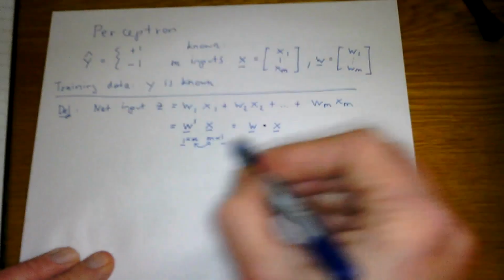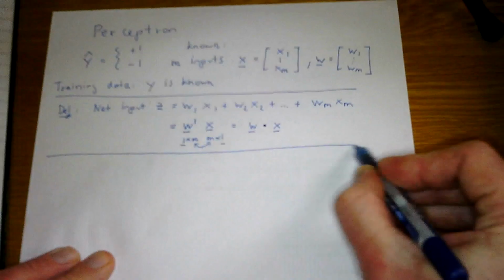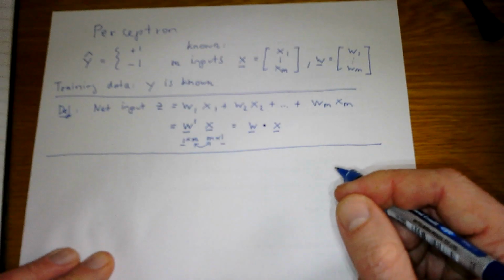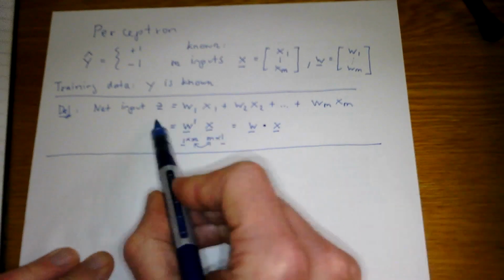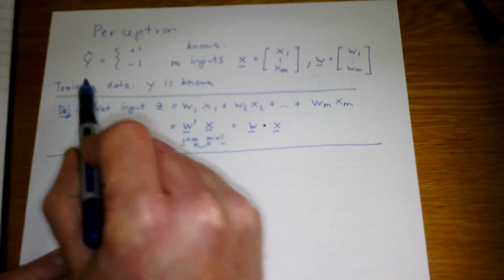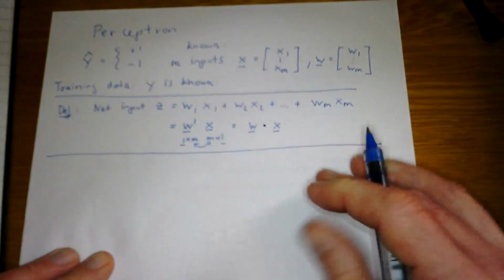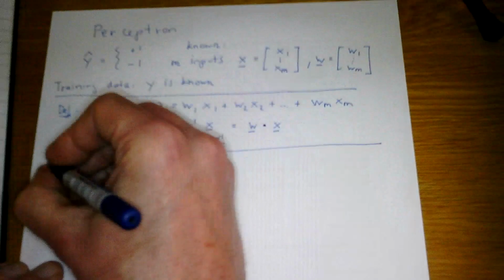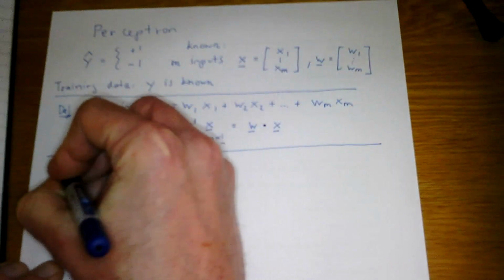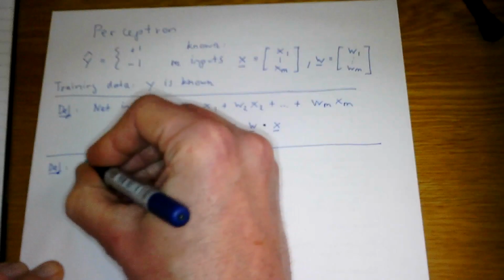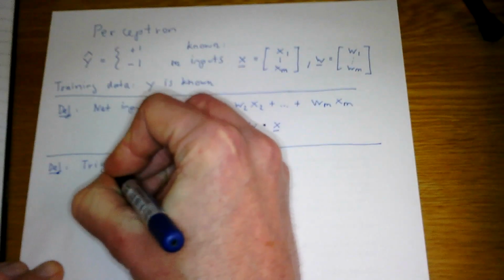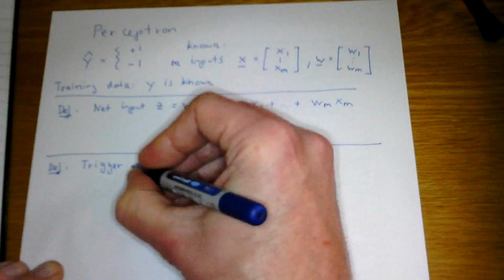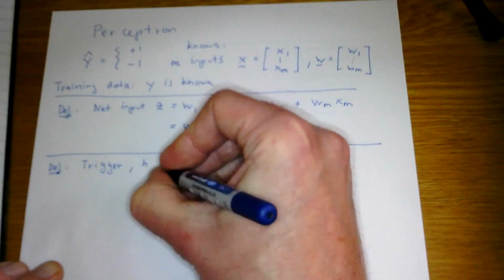Now the interesting thing is how this net input then translates into our classification. How do we move from our net input z to y hat, which is our output or our classification? What we do here is we basically define what you might call a trigger, or mathematically speaking, a so-called Heaviside function.